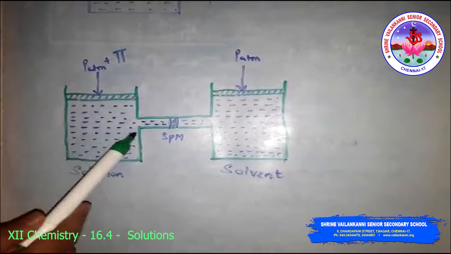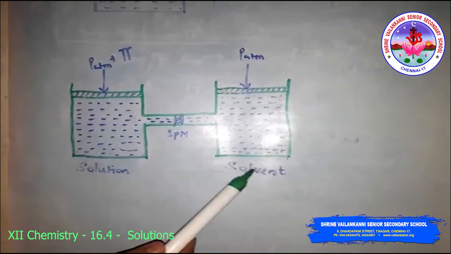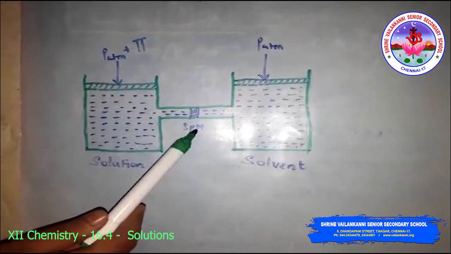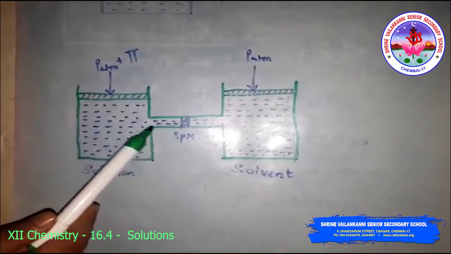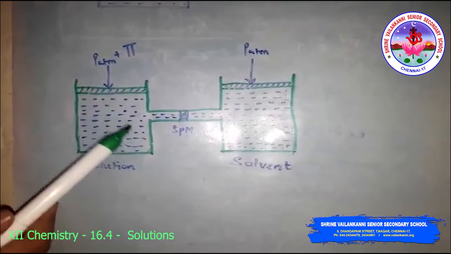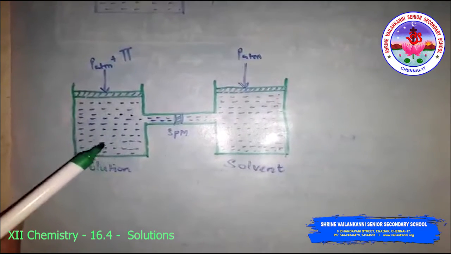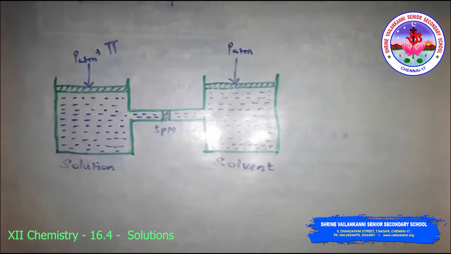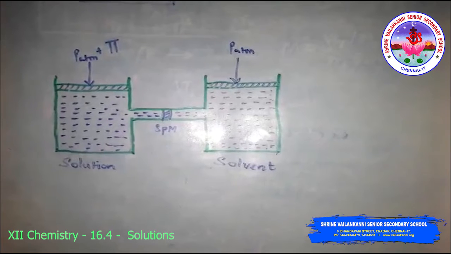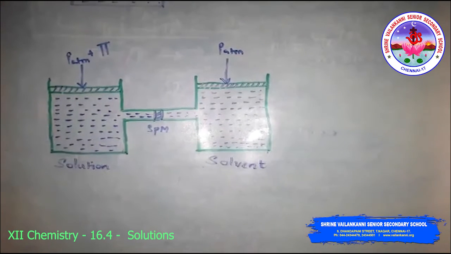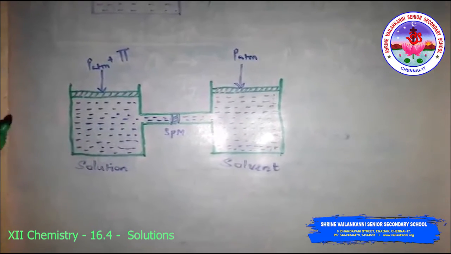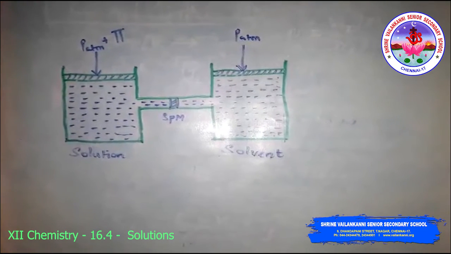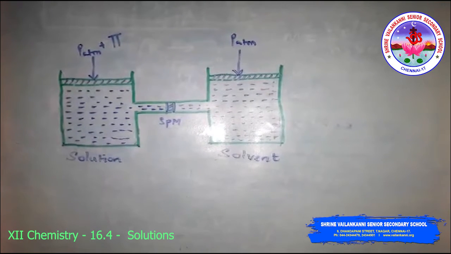You can see here this is the solution and this is the solvent, with the semi-permeable membrane in the middle. The osmotic pressure is a colligative property, as it depends on the number of solute molecules and not on their identity. For a dilute solution, it has been found experimentally that osmotic pressure is proportional to the molarity concentration of the solution at a given temperature.